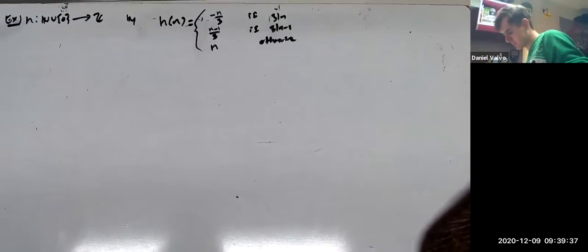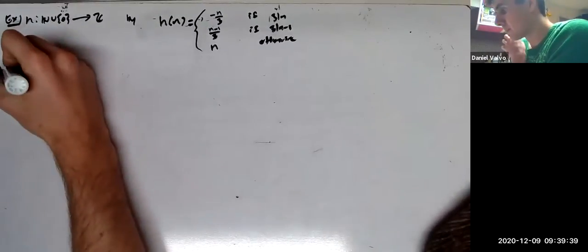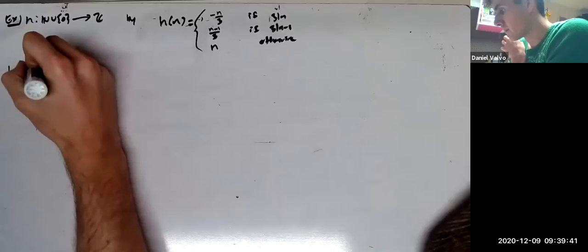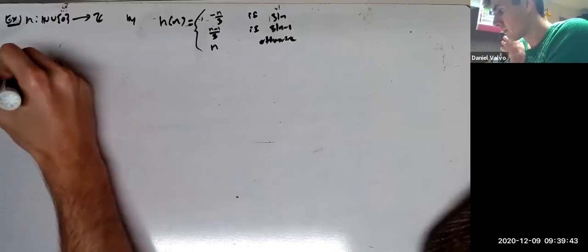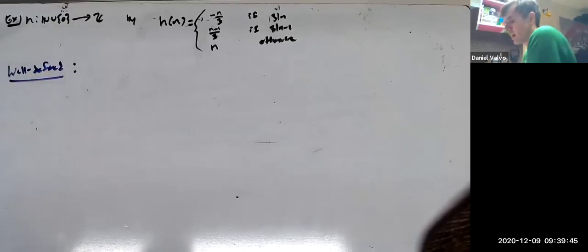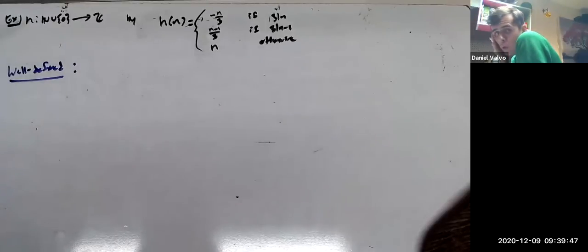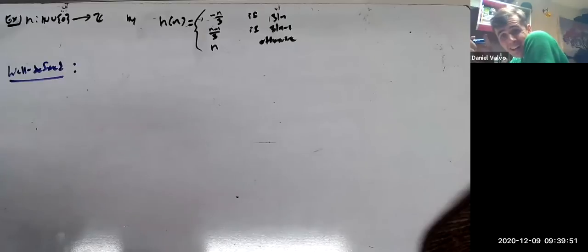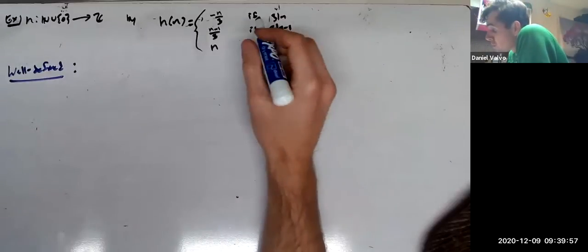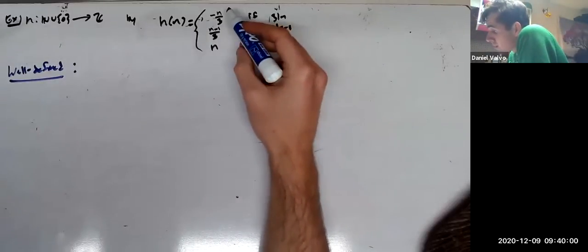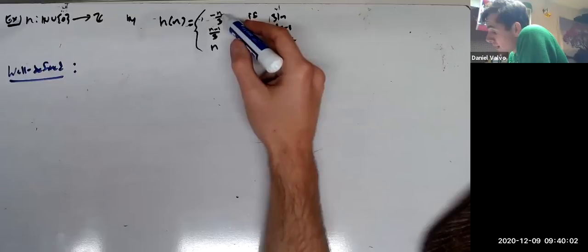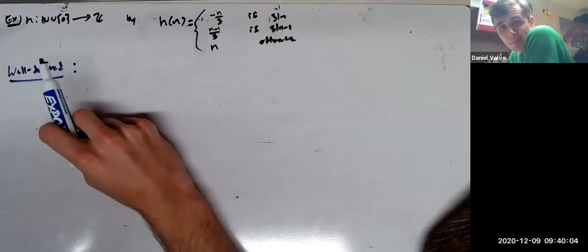So, first of all, let's talk about well-defined. Remember, a function is well-defined if every input has exactly one output. And the only real case we could run into trouble here is with this overlap kind of business, right?